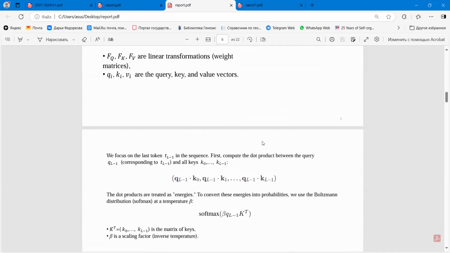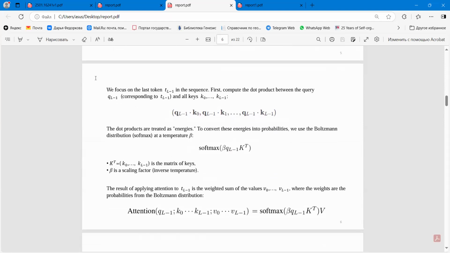For example, we can focus on the last token in the sequence and first compute the dot product between the query and all keys. The dot products are treated as energies. To convert these energies into probabilities, we use the Boltzmann distribution, softmax, at a temperature beta. And beta is the inverse temperature, which we will discuss further.